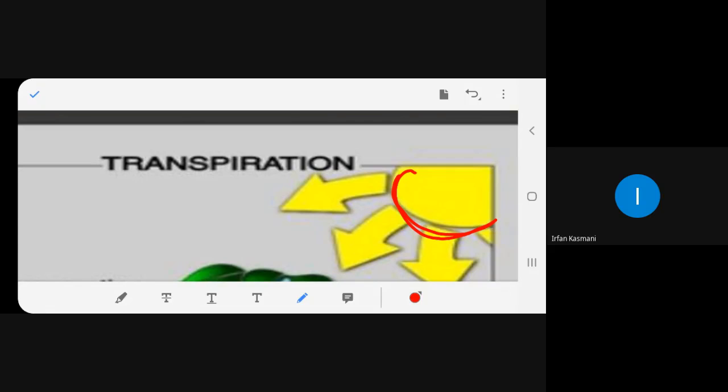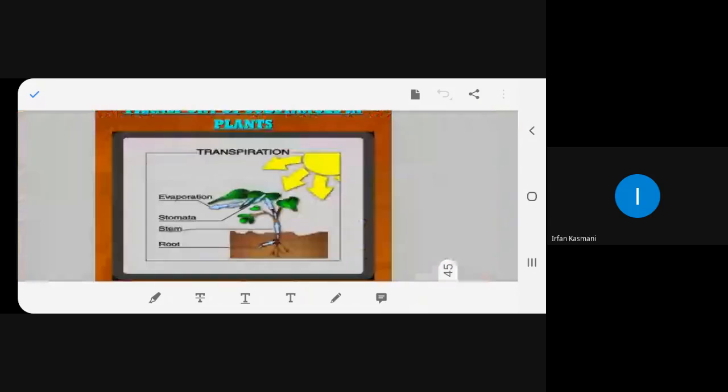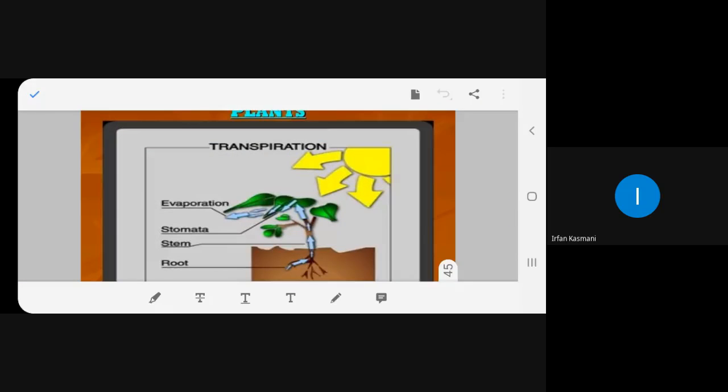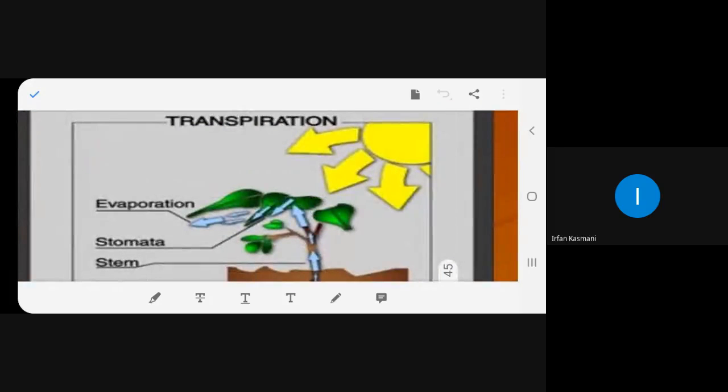You know what is evaporation? Can anyone tell me what is evaporation, beta? What is evaporation? Yes, anyone? Sakina?